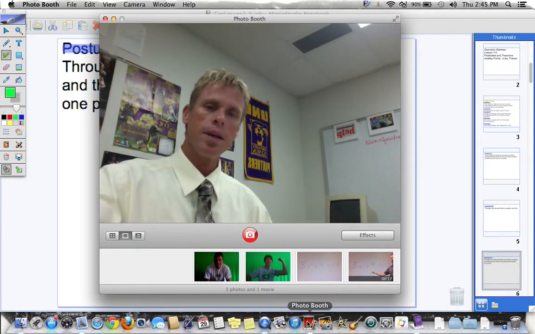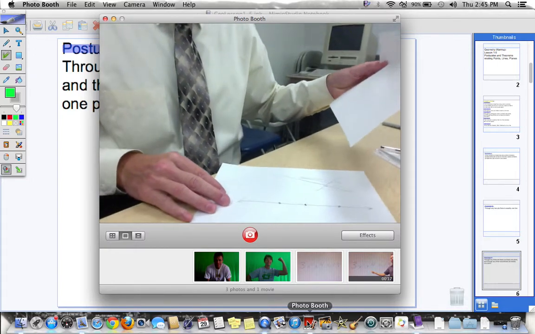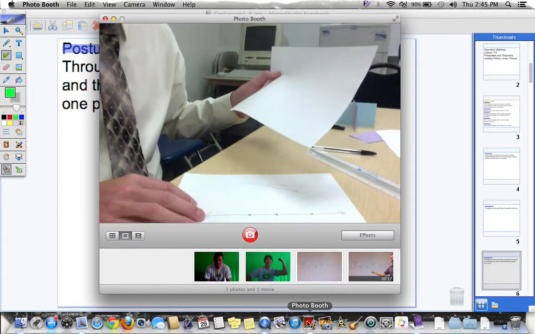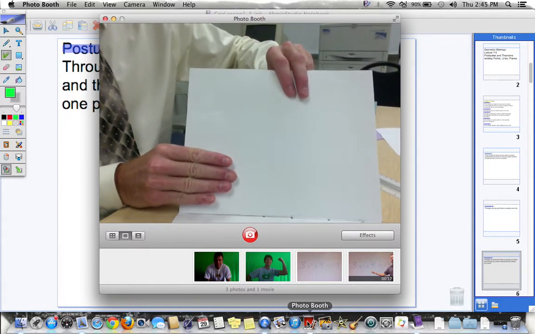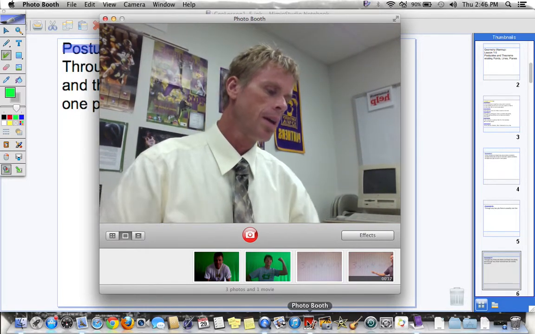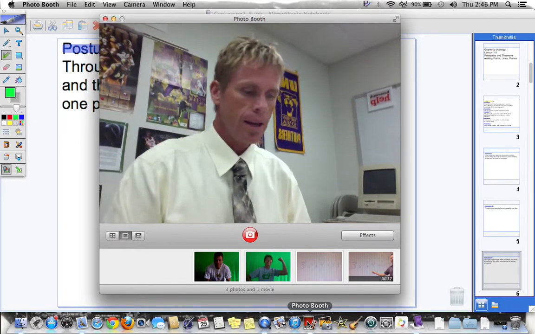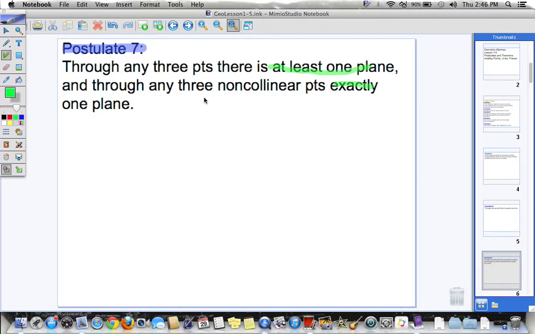But could I take another sheet of paper and put another plane through those 3 points? Yes, I could. In fact, I could put numerous planes through those 3 points. But what would happen with the other part of the postulate? Through any 3 non-collinear points.